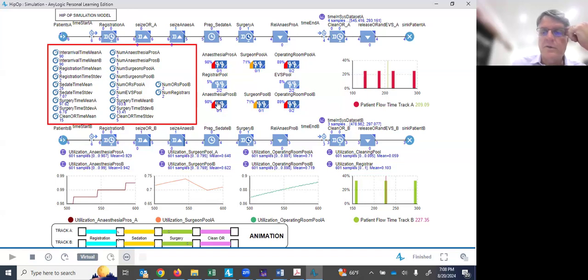So you'd have to probably run this a few more times and average this out to get a reasonable estimate of the average flow time in the two tracks. But from what I saw here, it doesn't seem like we're getting the extra surgery in A. In fact, it seems to be hurting our ability to get even 4 in B.